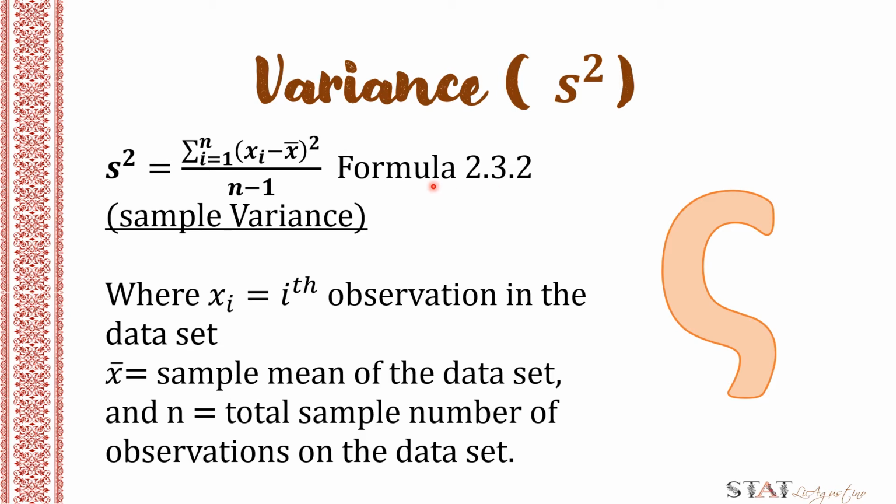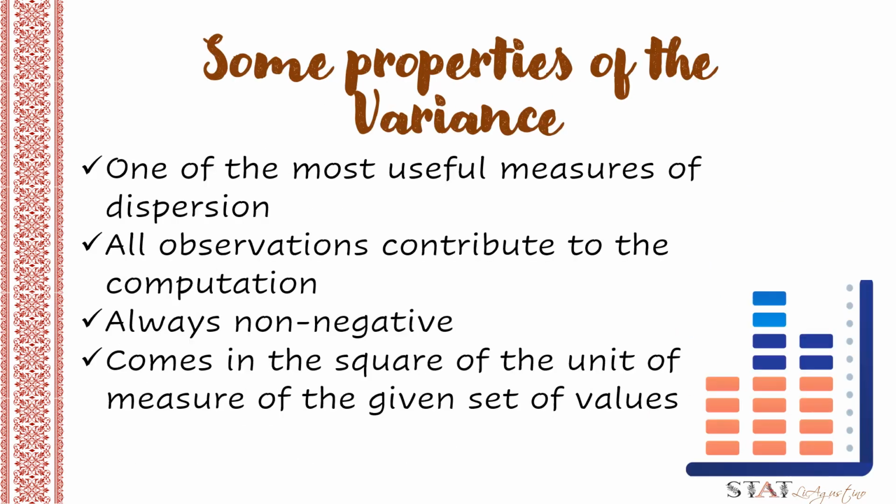Where xi is the ith observation in the data set, x bar is the sample mean of the data set, and n is the total number of observations in the sample, or the sample size. So that is our sample variance.